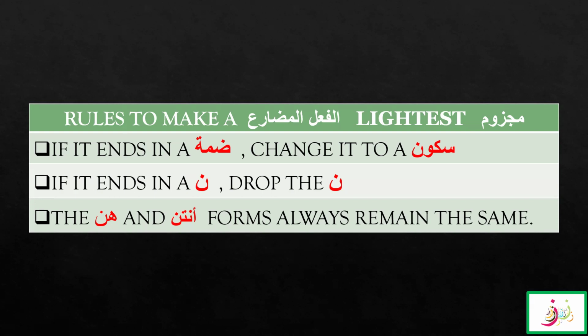Here we know about the pronoun chart: huwa, huma, hum, and hiya, huma, hunna. In that chart, there are different sighas, and some sighas have the dhamma at the end. So if we are going to make the fi'l mudari into the majzoom form, we are going to change that dhamma into a sukoon.